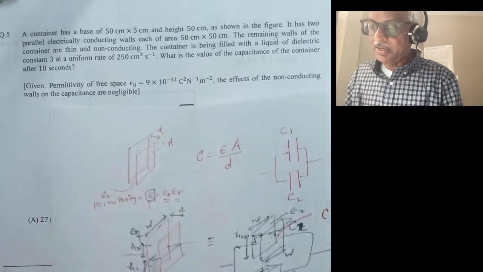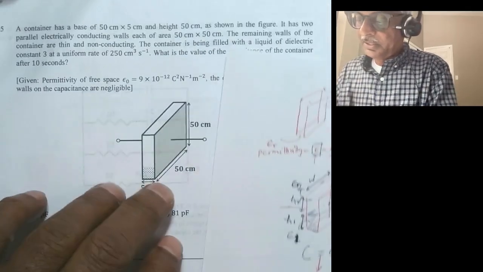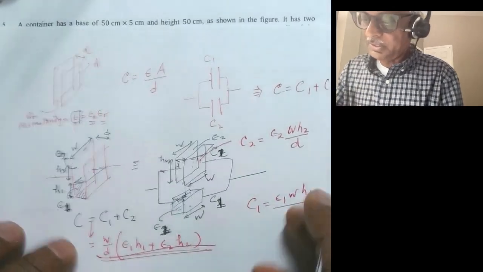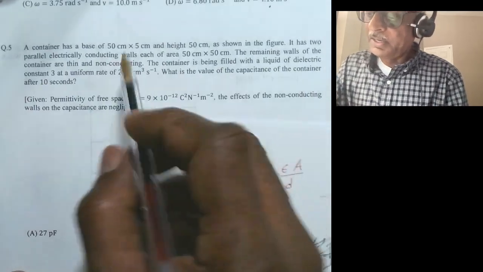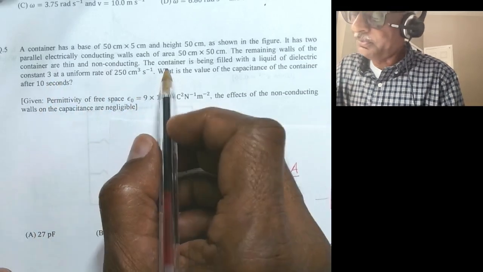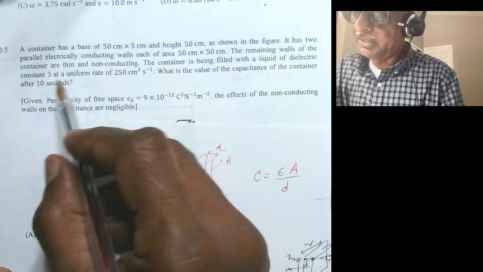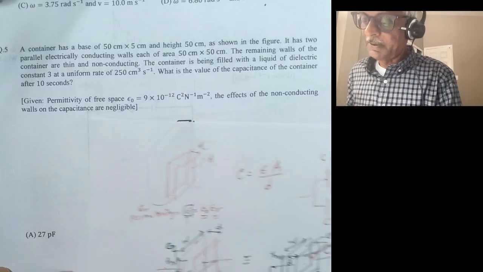So in our case, thinking about this problem here, we need to figure out how high this is if the container is being filled with a liquid dielectric at a certain volume rate. This volume rate is given.